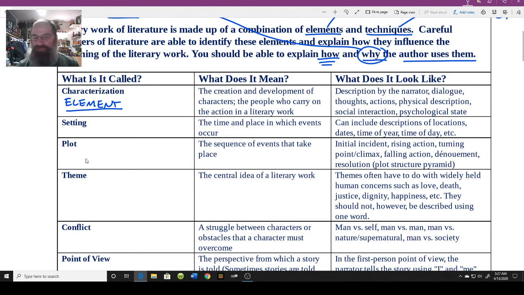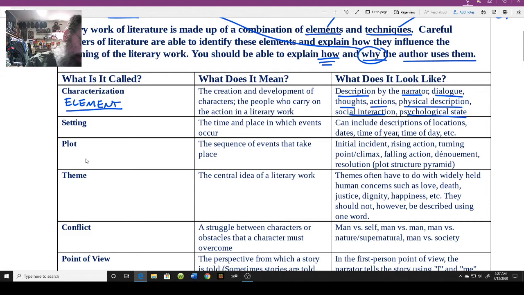So you're going to find description by the narrator, dialogue, thoughts, actions, physical description, social interaction, psychological state. So basically, the writer's going to tell us things, and this comes down to your details and your imagery, but we'll get to that later.